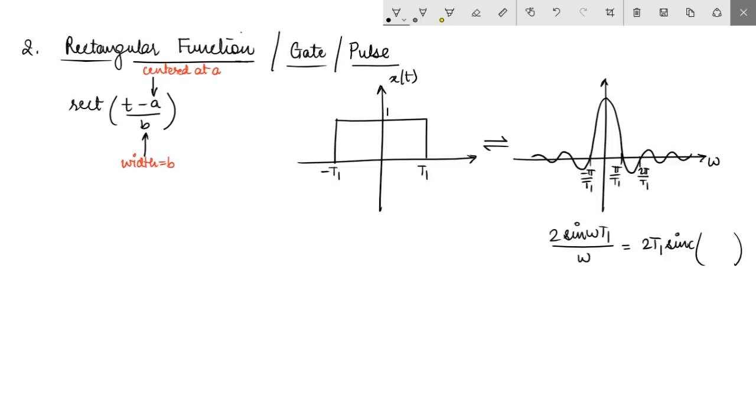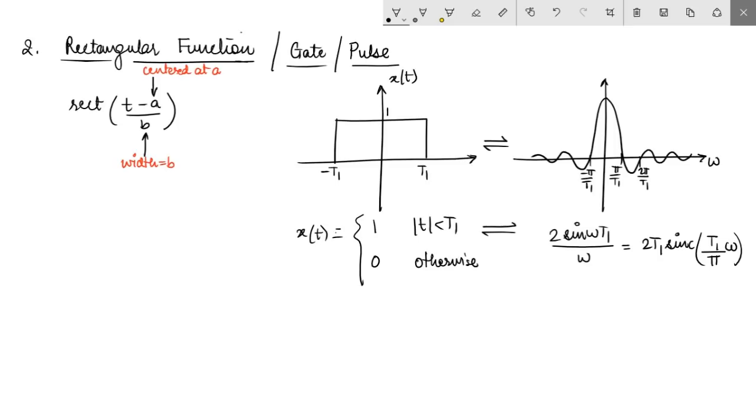So I can write this as the Sinc of t1 by pi omega. If this is how you represent this in the form of a Sinc function, what is this the Fourier transform of? Till now we have been representing this as something like this: x(t) is equal to 1 for mod t less than t1 and 0 otherwise.